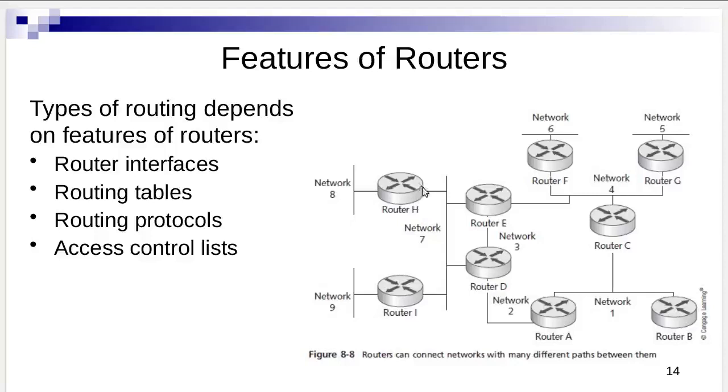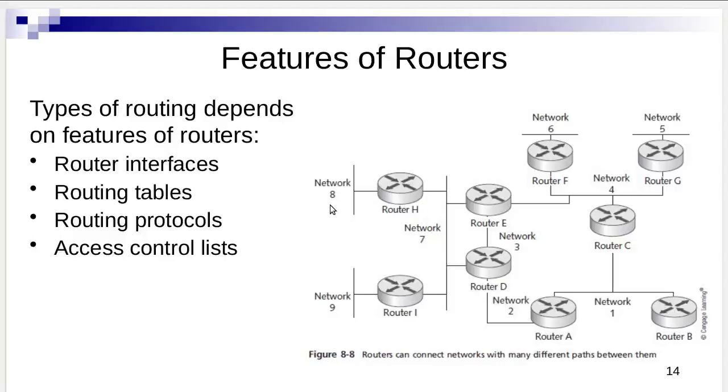For example, let's say router H has some access control list, which might say that only traffic from a particular set of IP addresses or subnet can enter network 8.